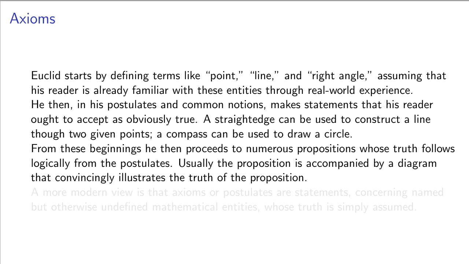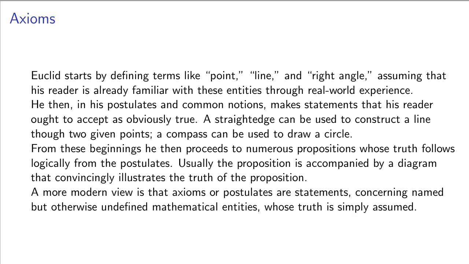Now, a more modern view of axioms is that they're statements about entities that are given names. The names may be familiar words or they may be invented words, and we just assume that these axioms are true and try to figure out what we can conclude having assumed their truth.